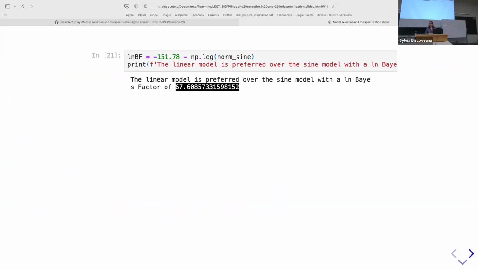Yes. Why exactly do we expect this to be a representation of the goodness of fit? This is a great question. The question was, why do we expect the evidence to be a representation of the goodness of fit? This is kind of a philosophical question. Basically, you can think of the evidence as you're integrating your likelihood over the allowed prior volume that you've assumed based on the model you've chosen.